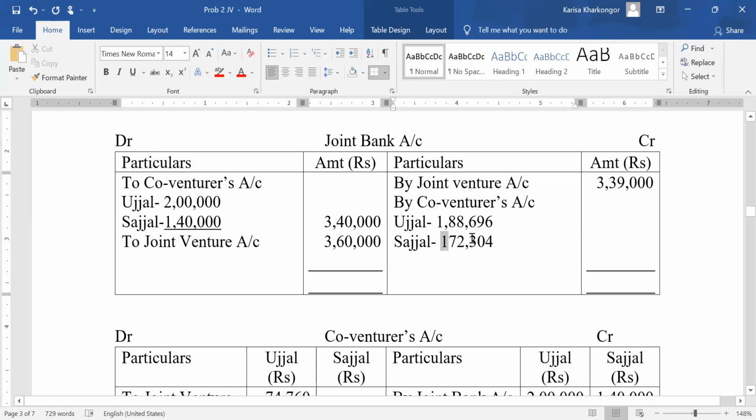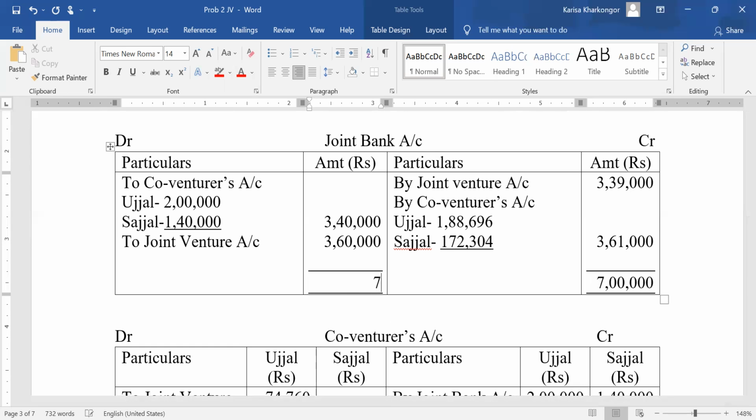So adding these two amounts, it will give us a total of 3,61,000. Now we simply total the credit and debit side, and the debit side and credit side should balance. If it balances, it means that your solution is correct. So both the totals come to 7 lakhs.